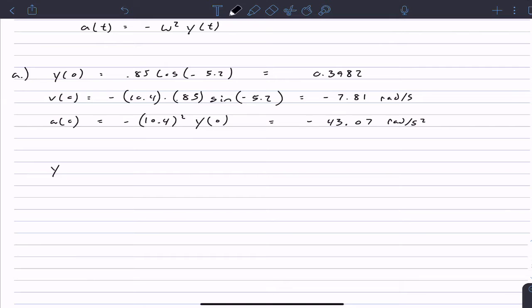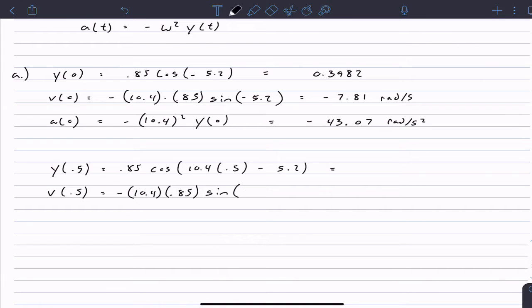Next, we do the same thing for y of 1/2. That's going to be 0.85. Now we need to consider this as well, right? So that's going to change things a little bit. v of 1/2 is negative 10.4 times 0.85 sine of 10.4 times 1/2 minus 5.2, right?